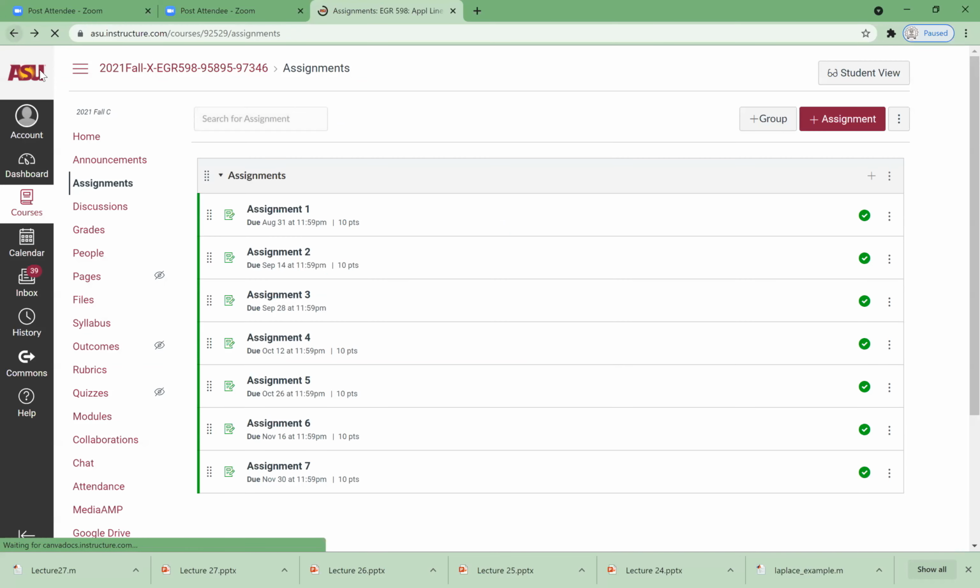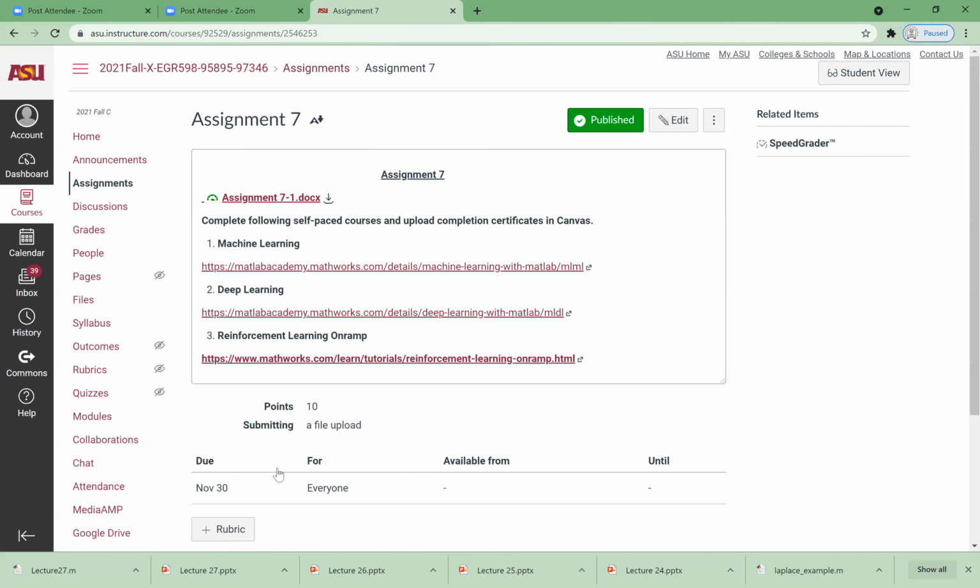And the last assignment is assignment 7. And assignment 7 is actually going to ask you to do the machine learning, deep learning, and reinforcement learning courses on Matlab.